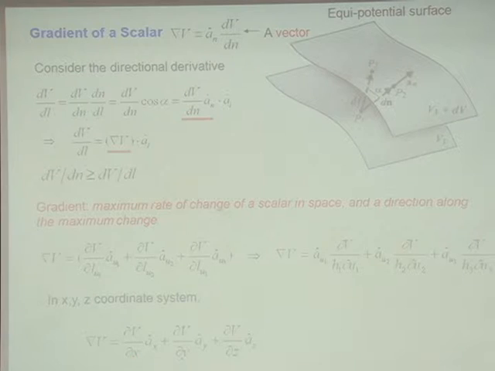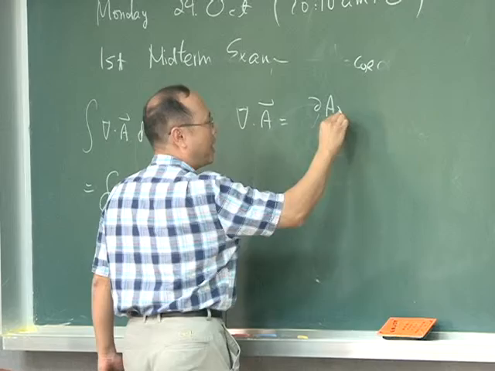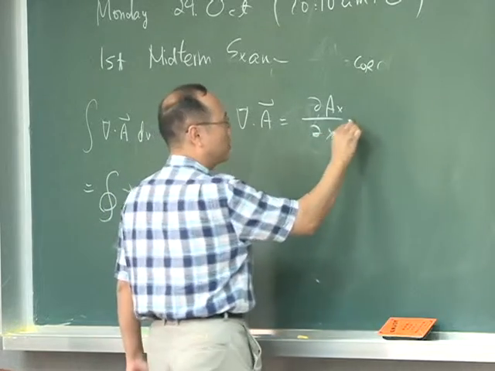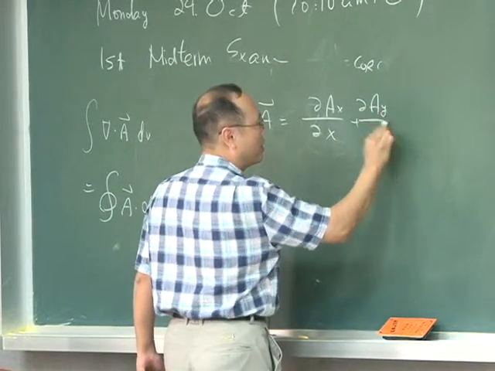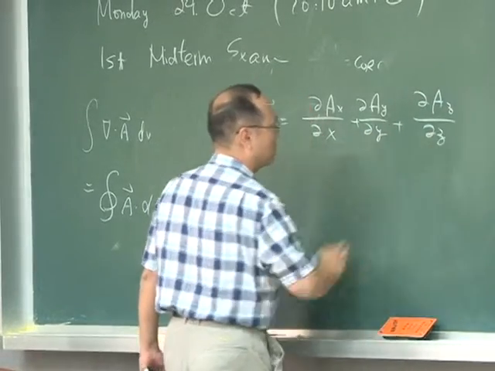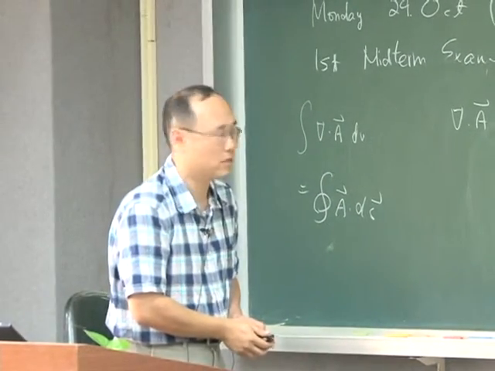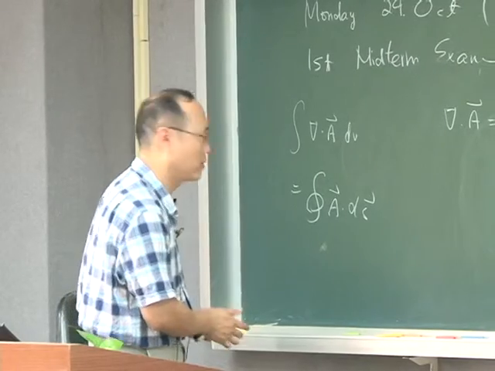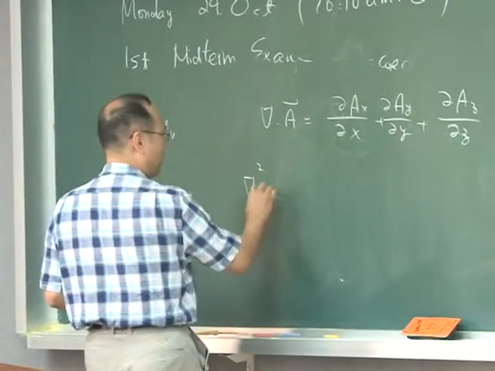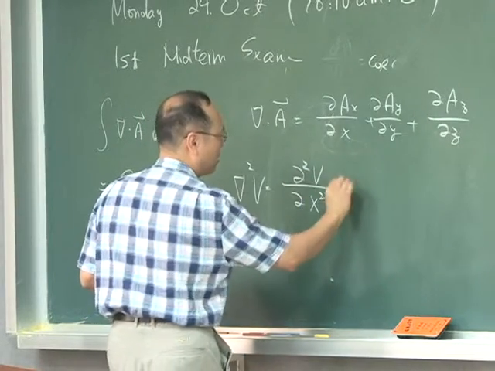For the divergence of A, you have the derivative of ax with respect to x, ay with respect to y, plus az with respect to z. These are your ax, ay, az. So you do one more derivative to get the Laplacian of v equal to this.